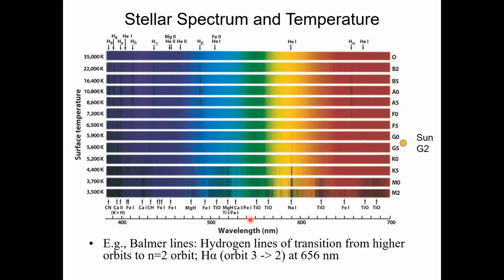So if you see that particular pattern in a spectrum, you can conclude that this particular material is there on that star.